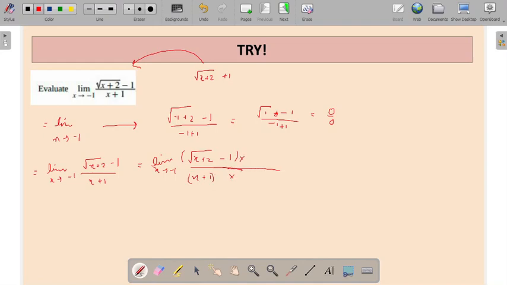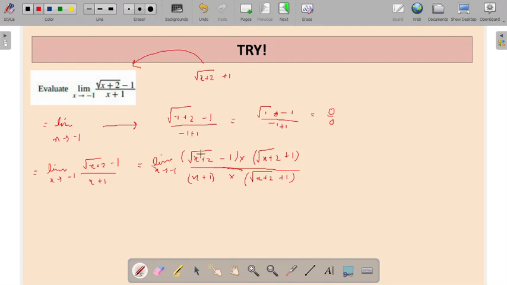What's the conjugate of this term? I just told you, this will be under root x plus 2 plus 1 on the numerator, and on the denominator the same term, under root x plus 2 plus 1.